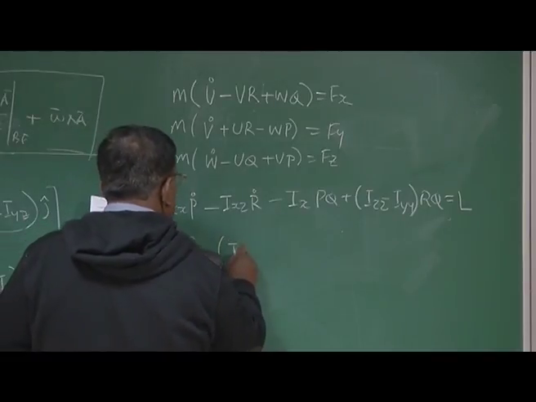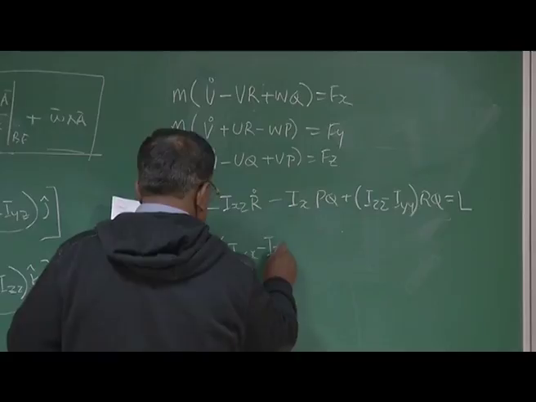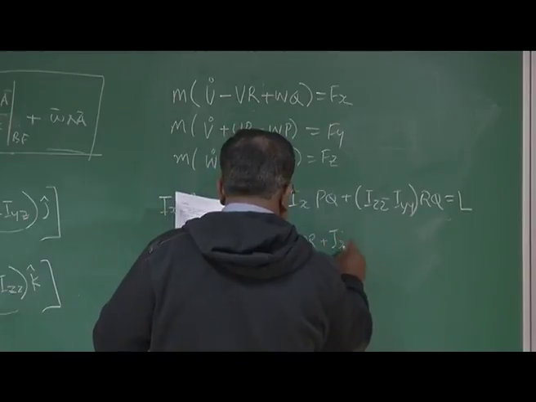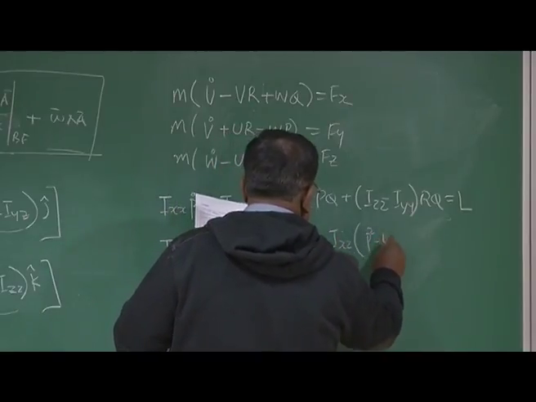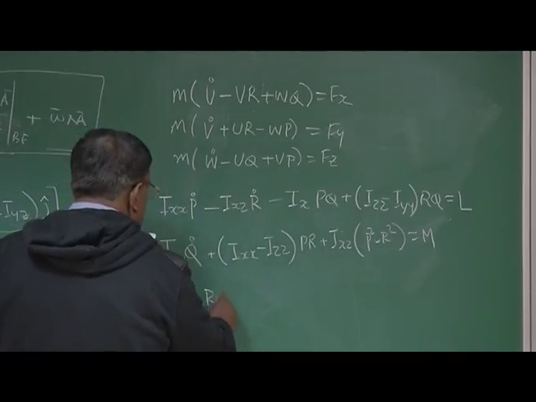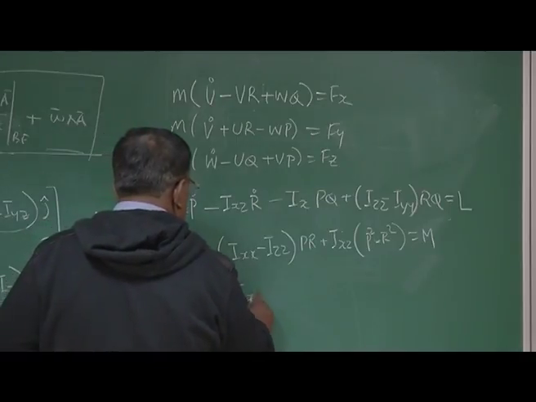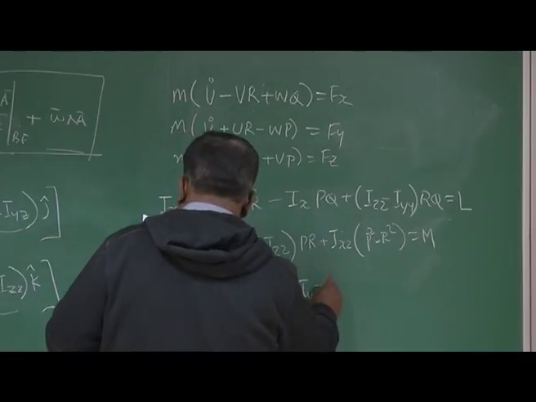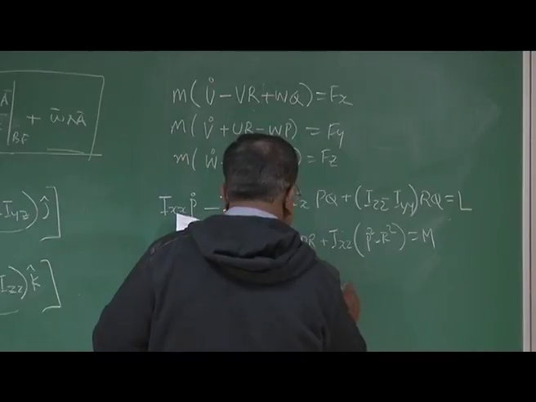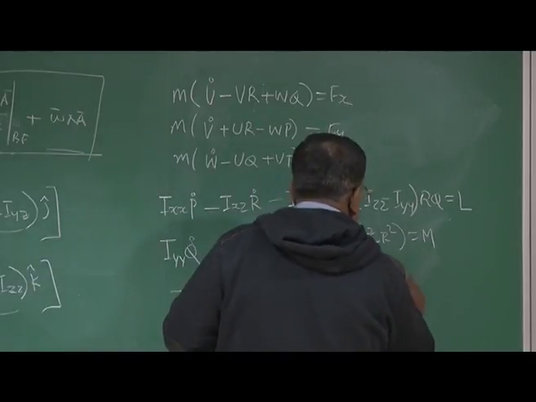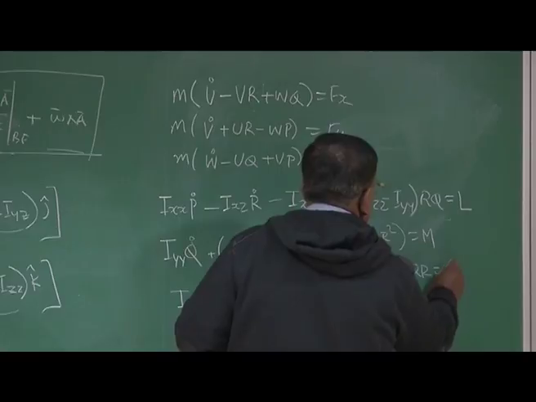Let me write, because every possibility of writing it wrong, Izz pr plus Ixz p square minus r square, okay, equal to M, which is the pitching moment, and the third one is Izz r dot minus Ixz p dot plus Iyy minus Ixx pq plus Ixz qr equal to yawing moment.